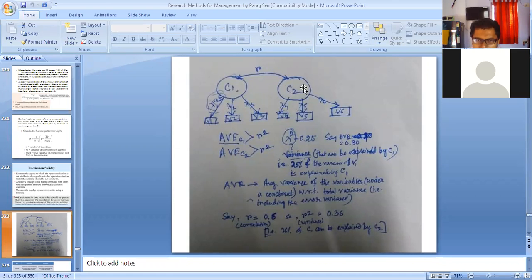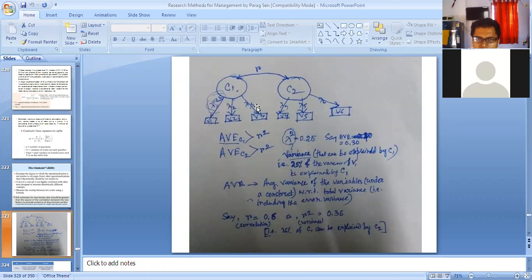That means 36% of C1 can be explained by C2. That means these two variables, which we are terming as constructs, are much more related to each other than these variables which are under this construct. Are you getting the point?